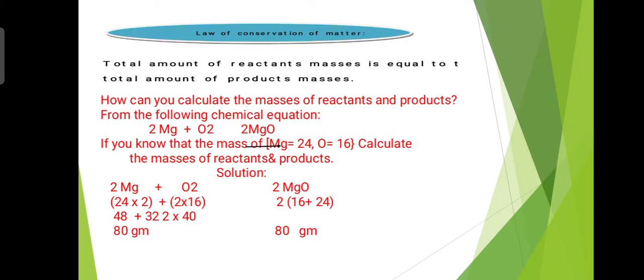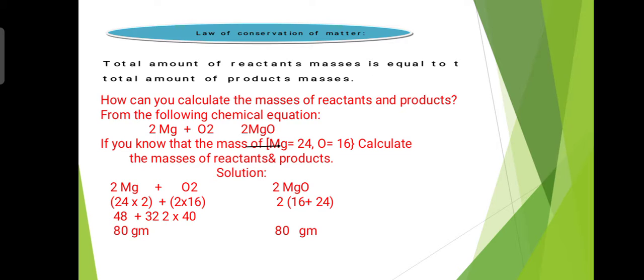First, let's get the mass of the reactants. 2Mg means we have 2 atoms of magnesium, 2 times the mass of 1 atom of magnesium, 24. So 2 times 24 plus O2, we have 2 atoms of oxygen, and the atom of oxygen equals 16, so 2 times 16. The result equals 80 grams.